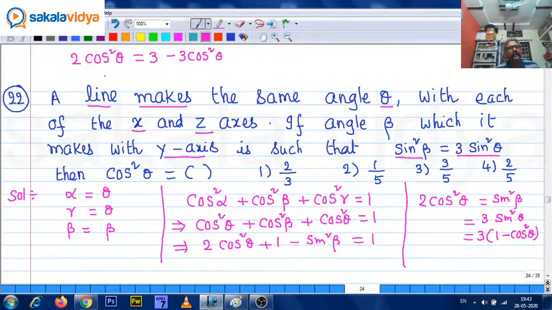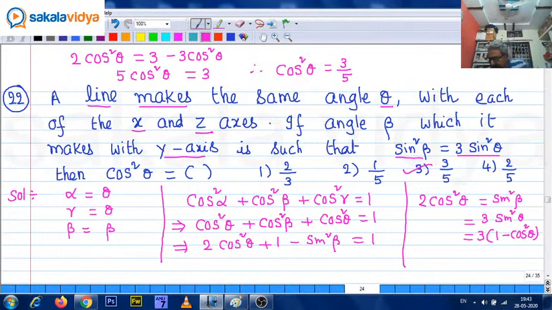Bring minus 3 cos square theta to this side, that becomes 5 cos square theta, which equals 3. Therefore cos square theta is equal to 3 upon 5 or 3 by 5. Option 3 is the right option.